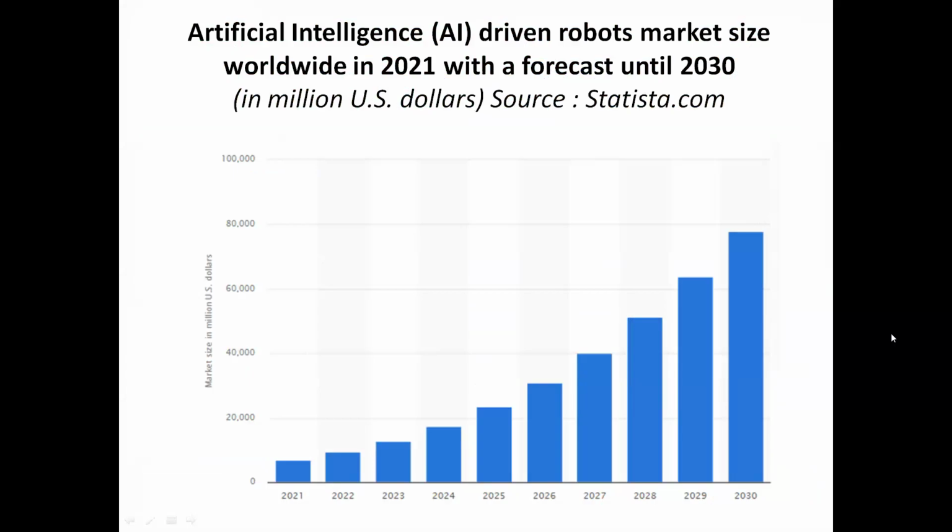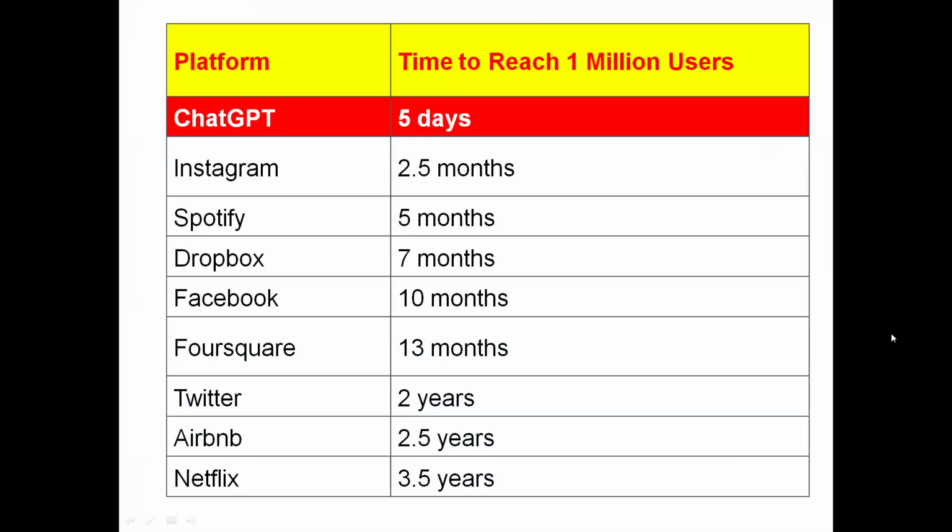Every day lots of tools are deployed, and these are directly impacting the market. As far as the artificial intelligence market and its prominence are concerned, this table can give you more clarity.